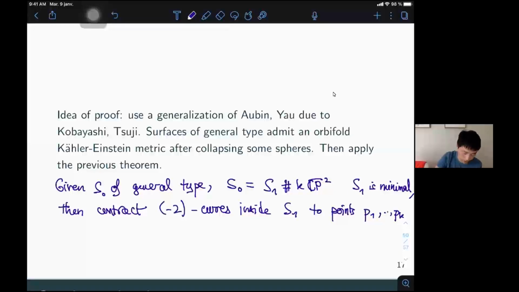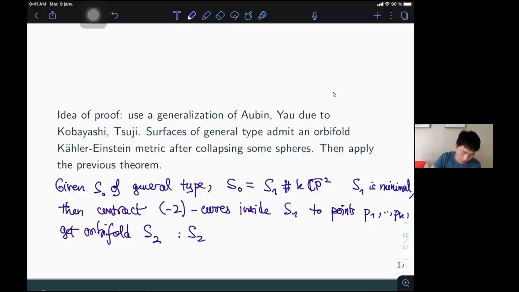So S2 is this orbifold, and it forgets a little bit about S1, but you can recover S1 by the following procedure.